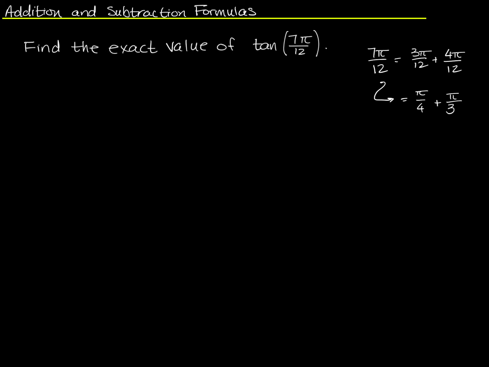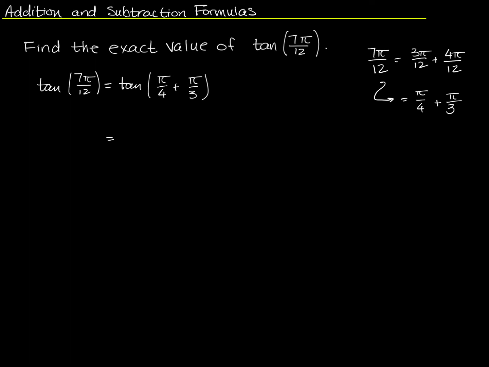So now I'm not proving anything this time, I'm just evaluating, so I can write the tangent of 7 pi over 12 is equal to the tangent of pi over 4 plus pi over 3.